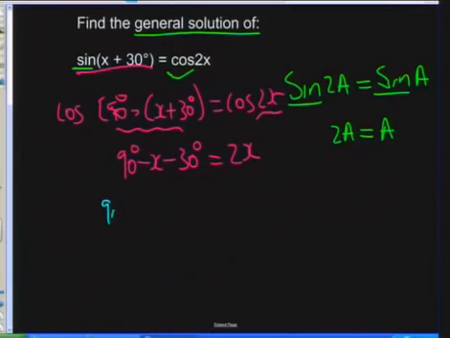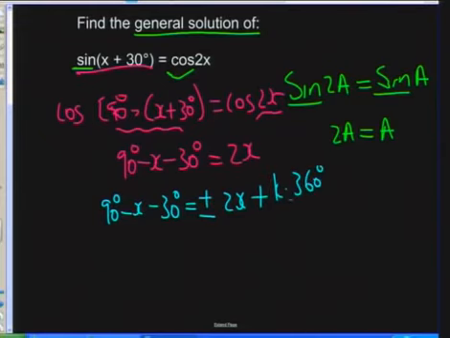So I have 90 degrees minus x minus 30 degrees is equal to plus minus 2x plus k times 360, because of the period of a cos graph. If you have a tan here, you use 180. Now you must say k is an element of the integers.